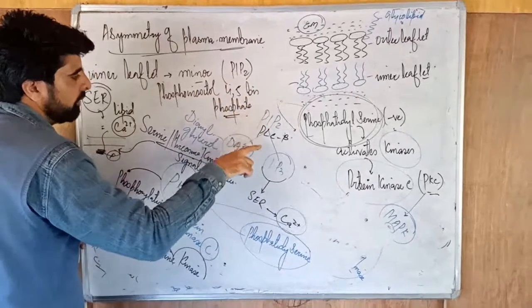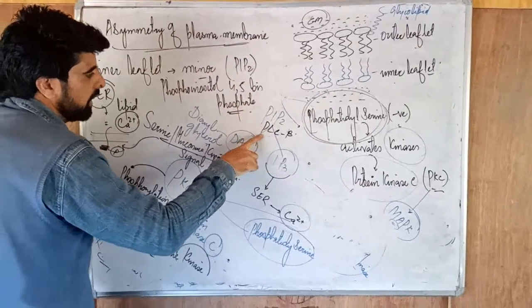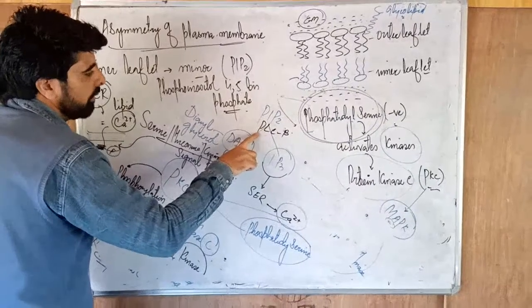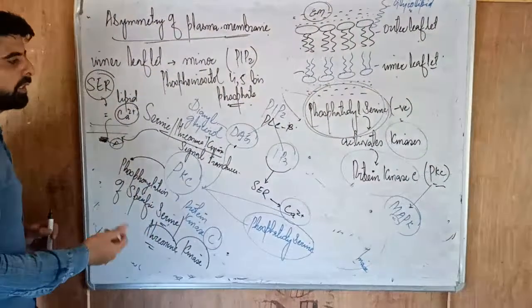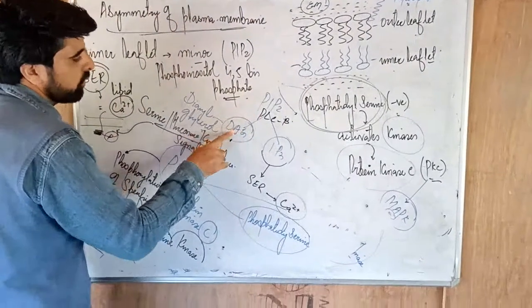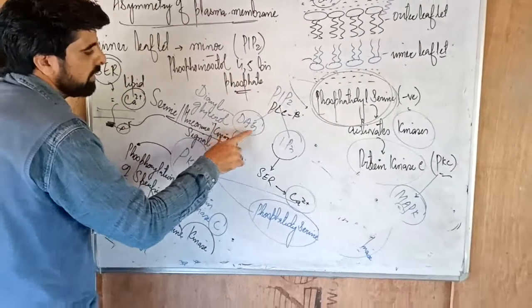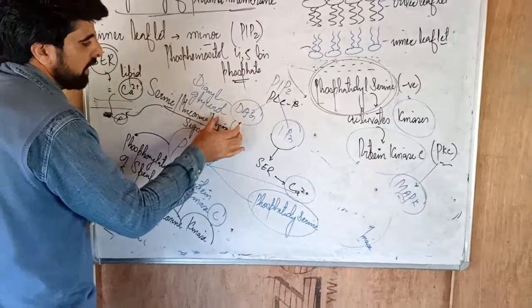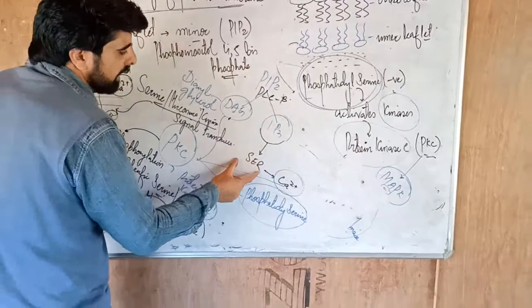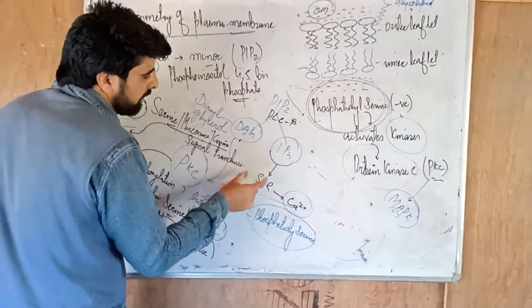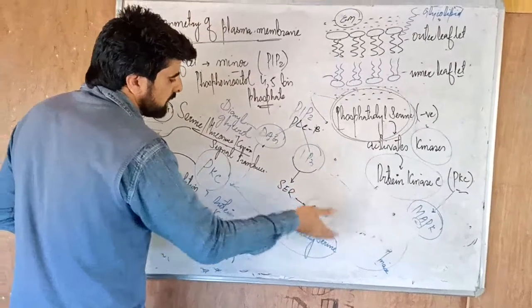This PIP2 is broken down by PLC beta, a phospholipase C beta. It's an enzyme which gets activated, and this leads to the breaking down of PIP2 into DAG and IP3. DAG is a diacylglycerol which stays attached to the plasma membrane, but IP3 activates the SER. That is actually the IP3 gated channel present on the SER to release the calcium.